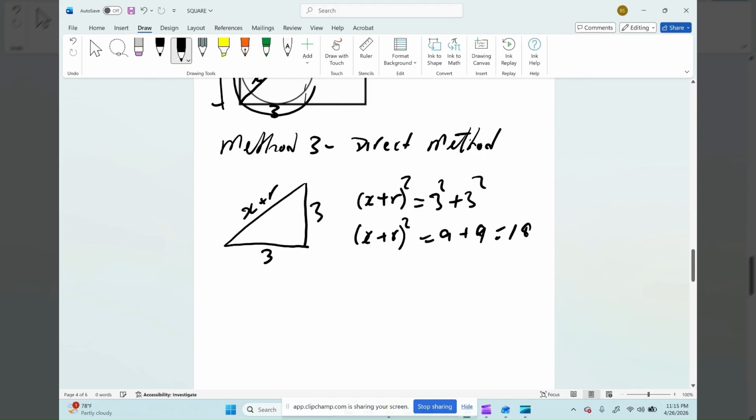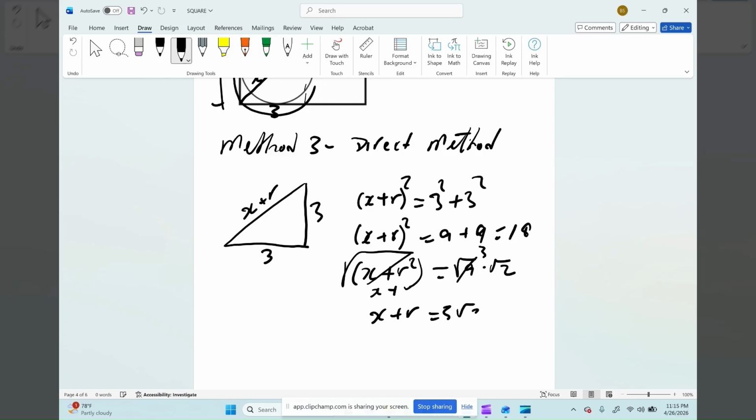Therefore, the square root of x plus r squared is equal to the square root of 18, which equals the square root of 9 times the square root of 2. That becomes 3. That becomes x plus r. Therefore, x plus r is equal to 3 square root of 2. And we can equate that to x is equal to 3 square root of 2 minus r.